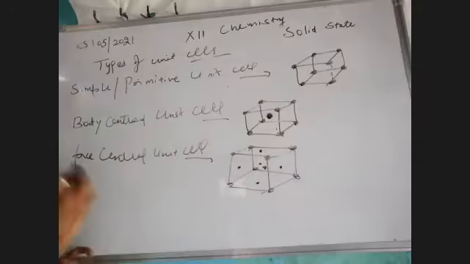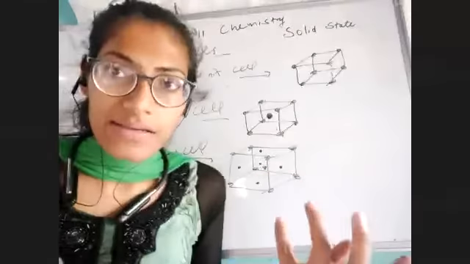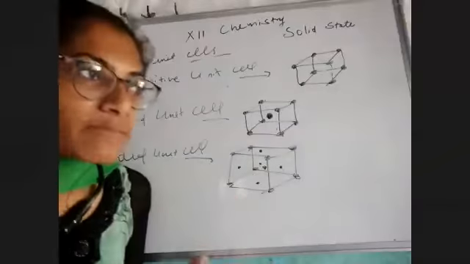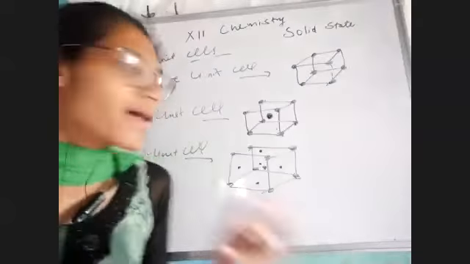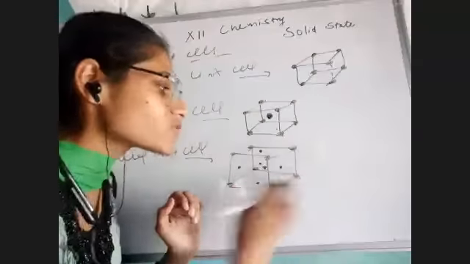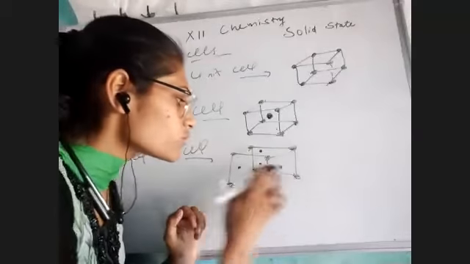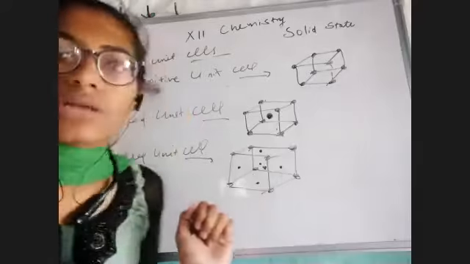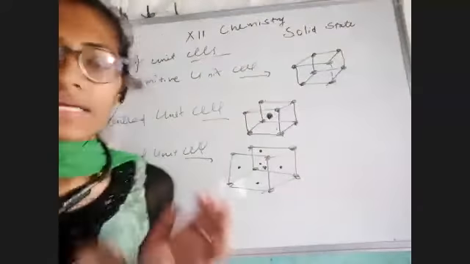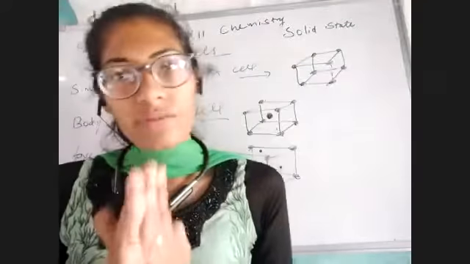This one is most important, and it is the second type. Third, we have the face-centered unit cell. What does face-centered mean? As the three-dimensional diagram has given you some idea, we have a total of 6 faces: 1, 2, 3, 4, the fifth at the upper and the sixth at the lower. It's three dimensions, so please try to imagine.